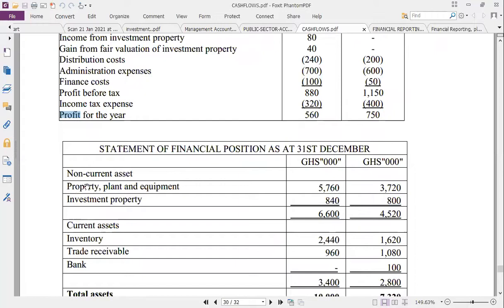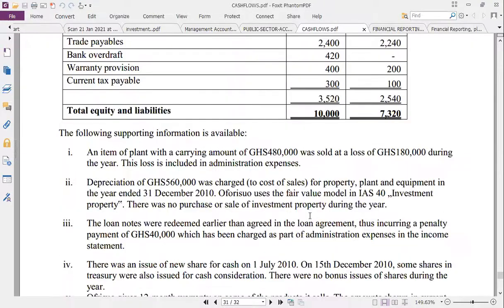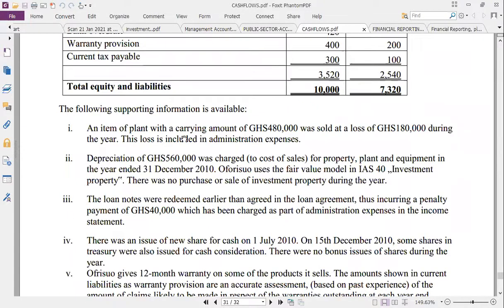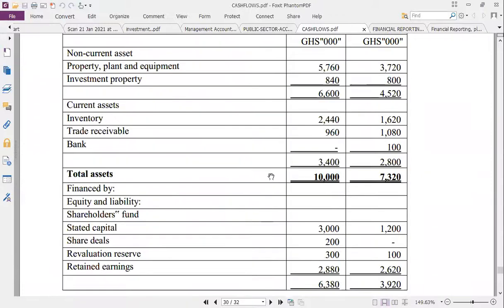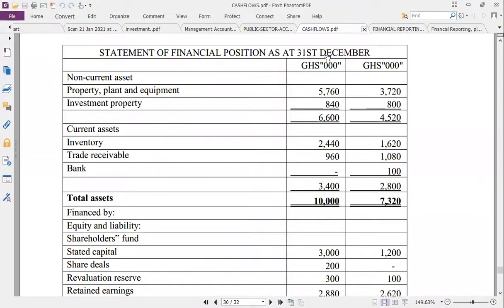On current assets, check PPE. Opening balance is 3,720. Upon the disposal, it has increased. That's an issue. Let me explain this. If you go to the footnote, the first footnote, there's a disposal of PPE. When there's a disposal of PPE, you should check the full calculation of acquisition.